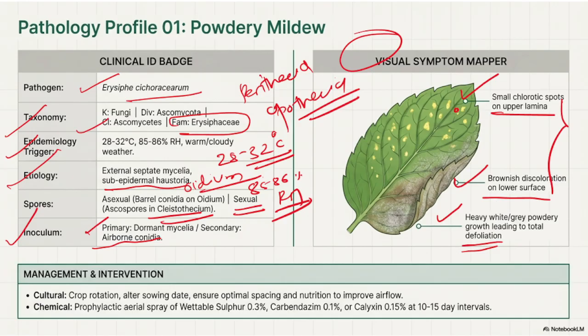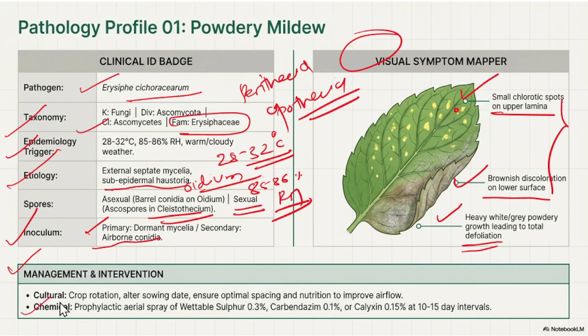So here, what management intervention is needed to control the disease? That is cultural: crop rotation with other crops, altering the sowing dates, and ensuring optimum spacing and nutrients to improve the air flow.